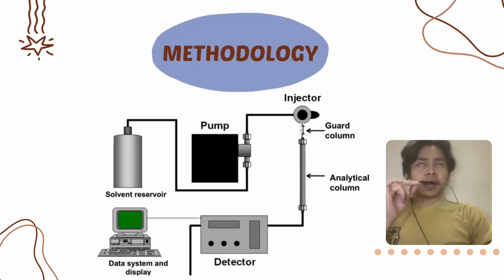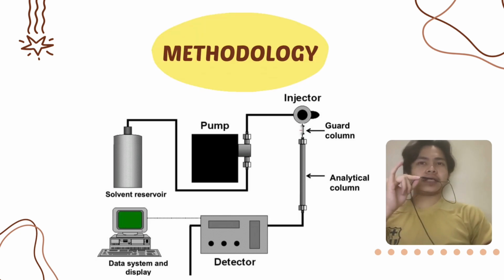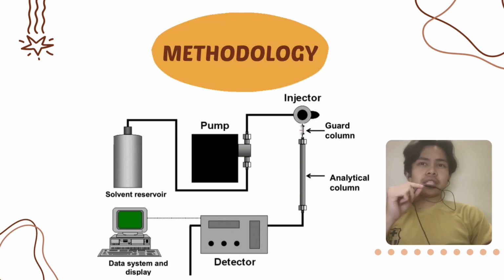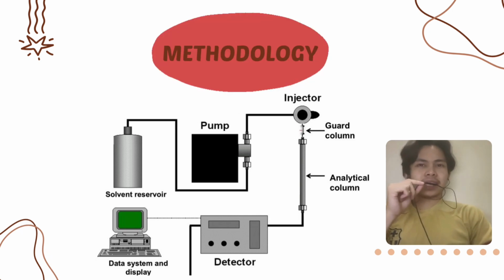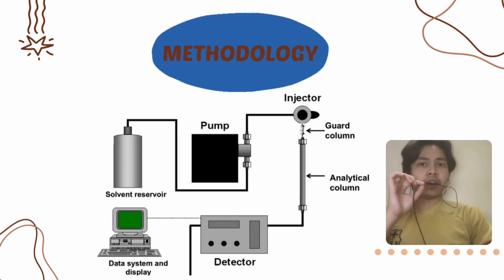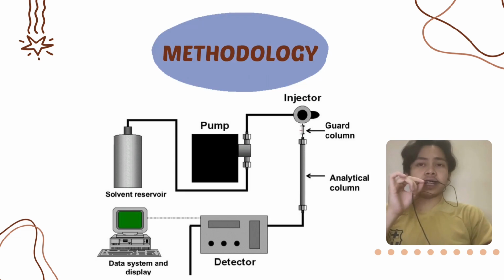The chromatogram displays a peak corresponding to each eluted component. The position of the peak along the x-axis represents the time it took for the component to elute from the column, known as RT, which means the retention time. The height or area of the peak is proportional to the amount of the analyte present in the sample.